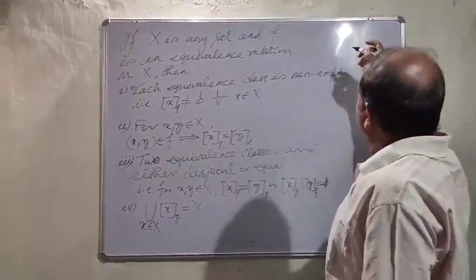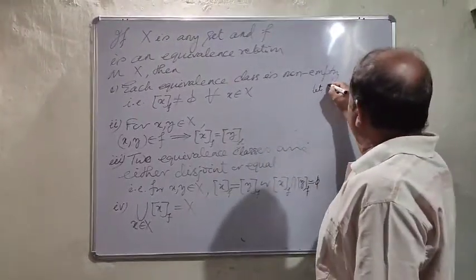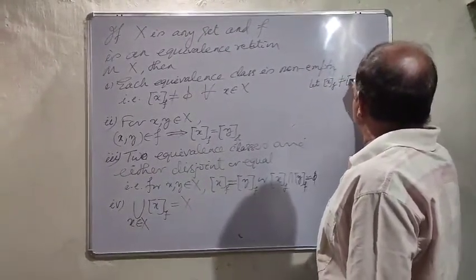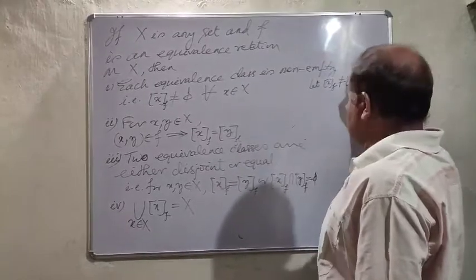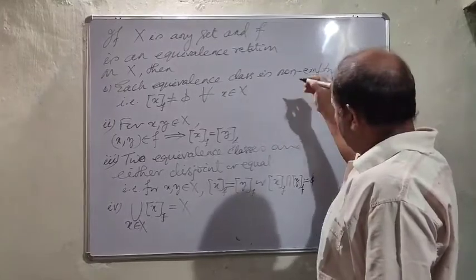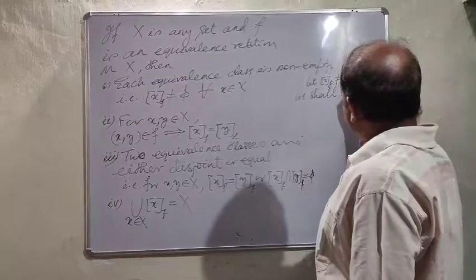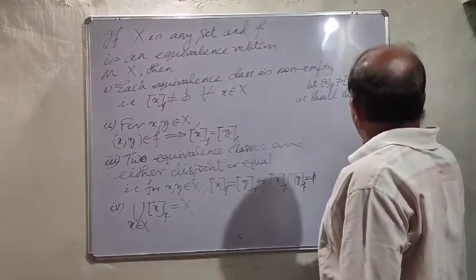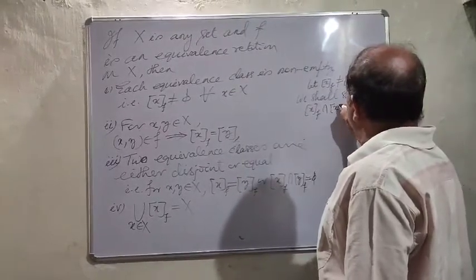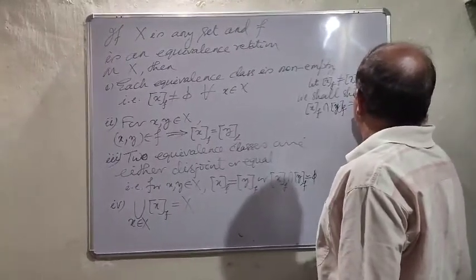Suppose the equivalence class of X is not equal to the equivalence class of Y. We shall show that the equivalence class of X intersection the equivalence class of Y is the null set.